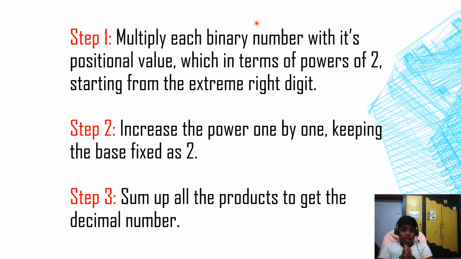Now the last part is that you have to add all the products that you got. We got 0, 0 and 4, so 0 plus 0 plus 4 is 4 itself. So the decimal number for binary 100 is 4, right? So if you give 4, the binary answer is 100, and if you want the decimal number of binary 100, it's 4, right? Is it easy?